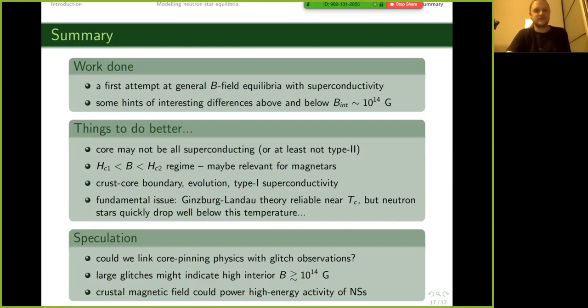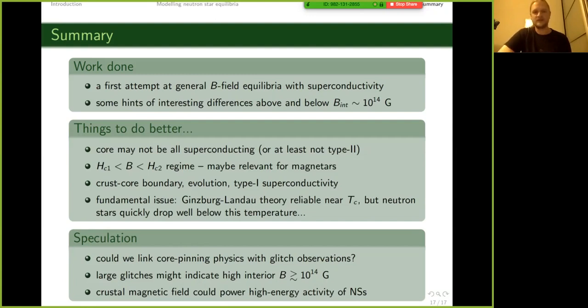And there's also, I think, a fundamental issue here that we don't normally talk about, which is that this Abrikosov lattice, this flux tube lattice that we have, and this model of interaction energy that we have comes from Ginzburg-Landau theory, which is reliable near the critical temperature, but all observed neutron stars are well below that temperature.